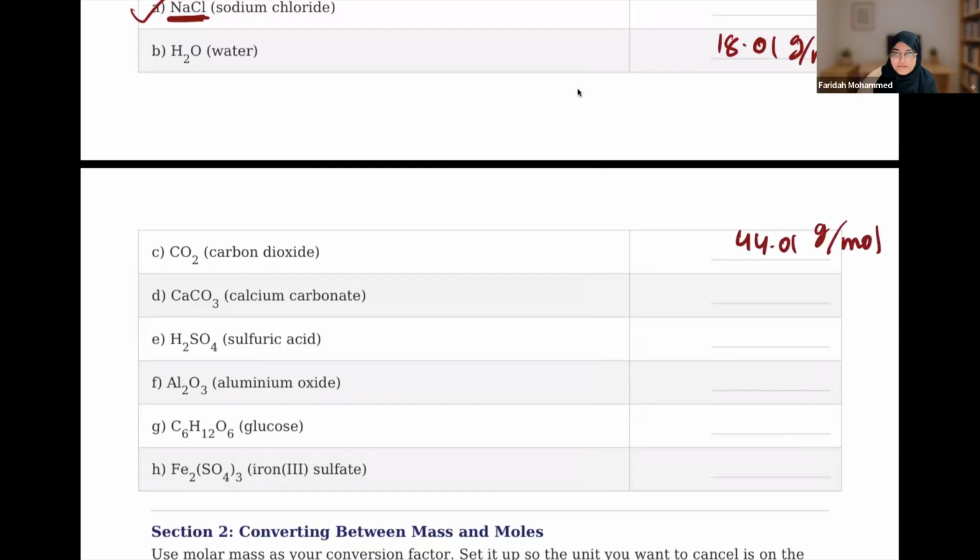Okay. Ridwan. Calcium carbonate. Diksha, calcium carbonate: 100.08 grams per mole. 100.08. Okay.